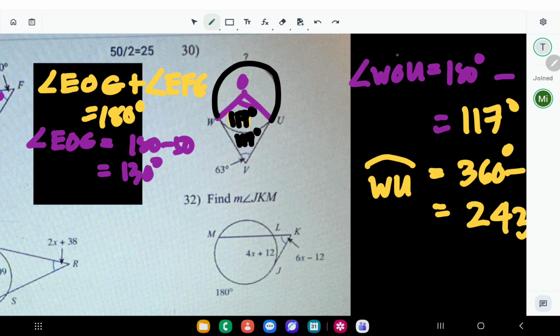Because WOU, this one is the central angle. And if you have two tangents and it creates an external angle, the sum of the external angle and the central angle is equal to 180 degrees, or they are supplementary.